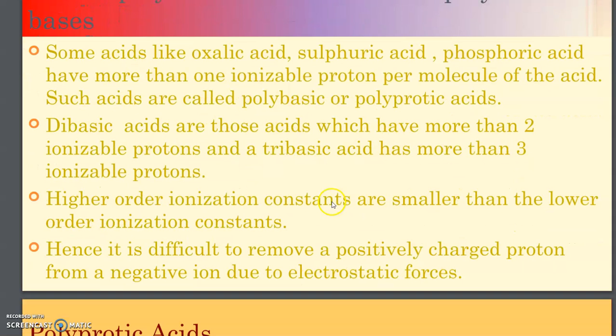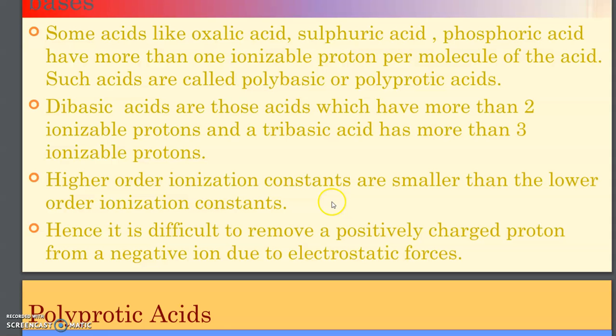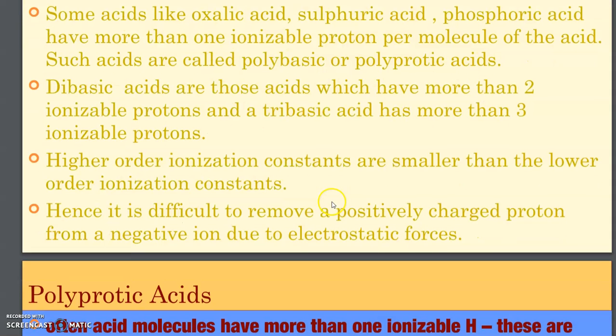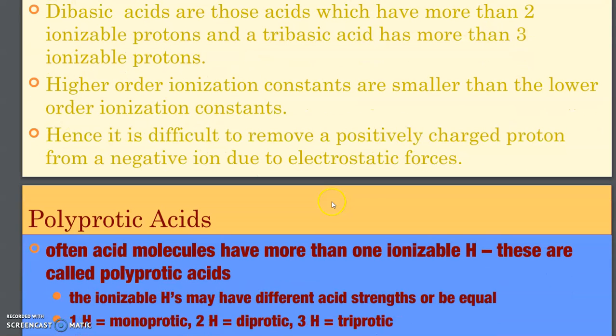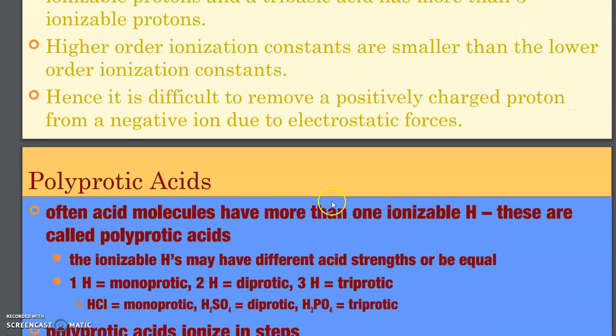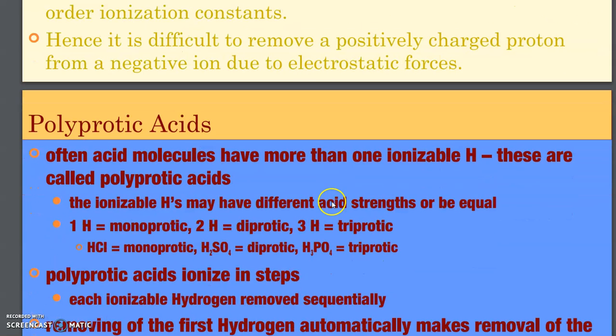In the case of such acids, higher order ionization constants are smaller than lower order ionization constants. Hence, it is difficult to remove a positively charged proton from a negative ion due to the electrostatic force of attraction. Then polyprotic acid.